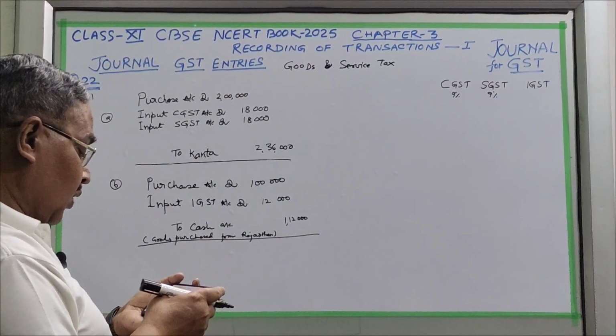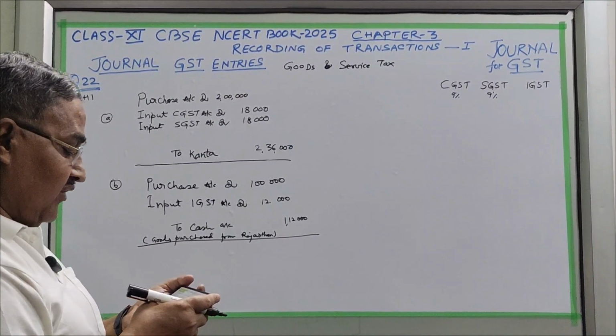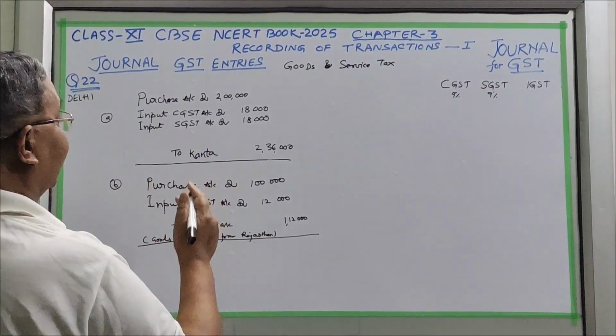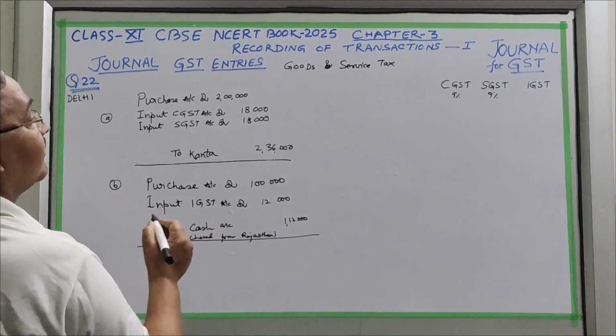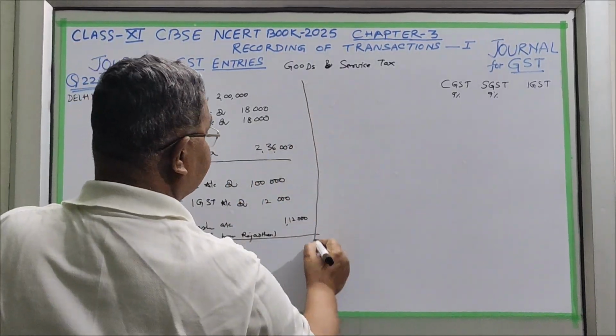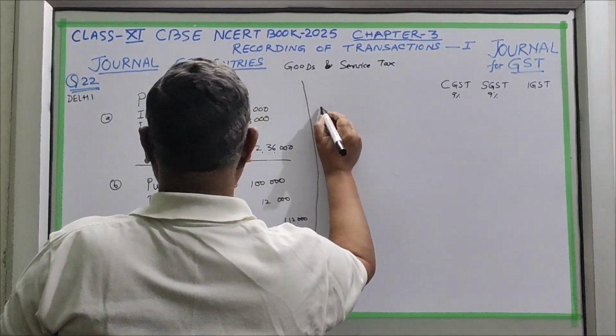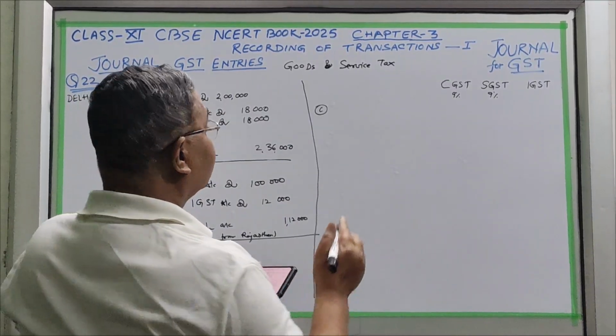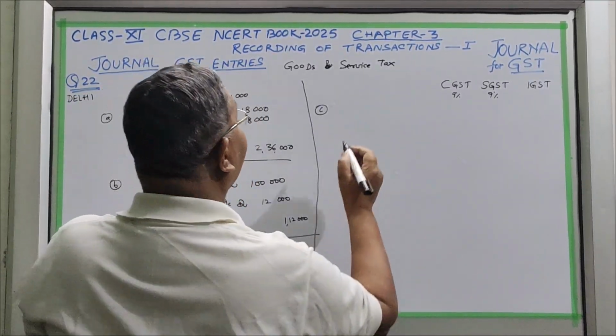Third entry, sold goods of 1,50,000 to Sudhir of Punjab. So now sale is coming. C point: sold goods to Sudhir of Punjab.